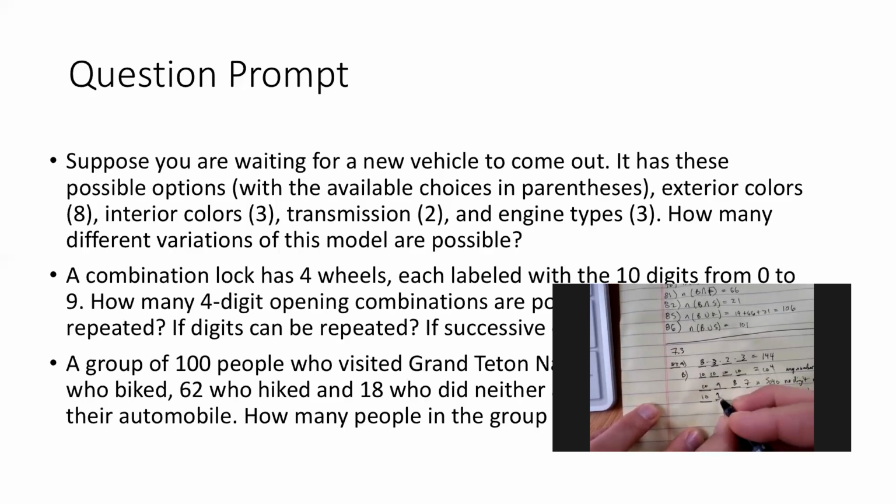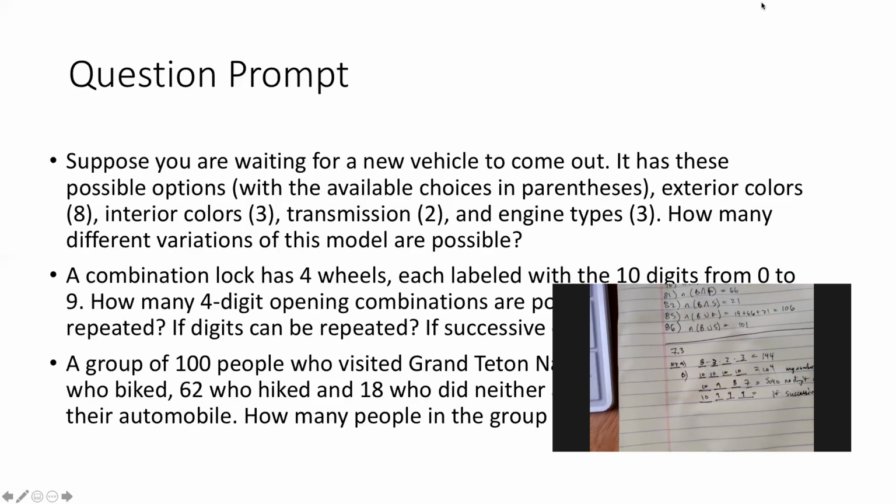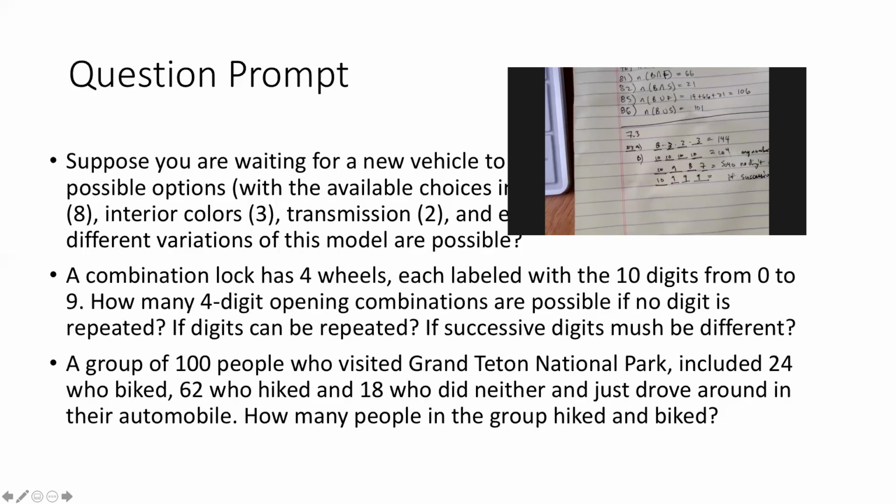And the next one I can pick 9 because I can't pick the one that was right before it. And then in this one I can pick 9 as well because it just can't match that one. And then 9 as well. And then that would be our answer for that one. So we'll go through and do a couple more of these here in a little bit, but I just figured I'd give you a little teaser on that.